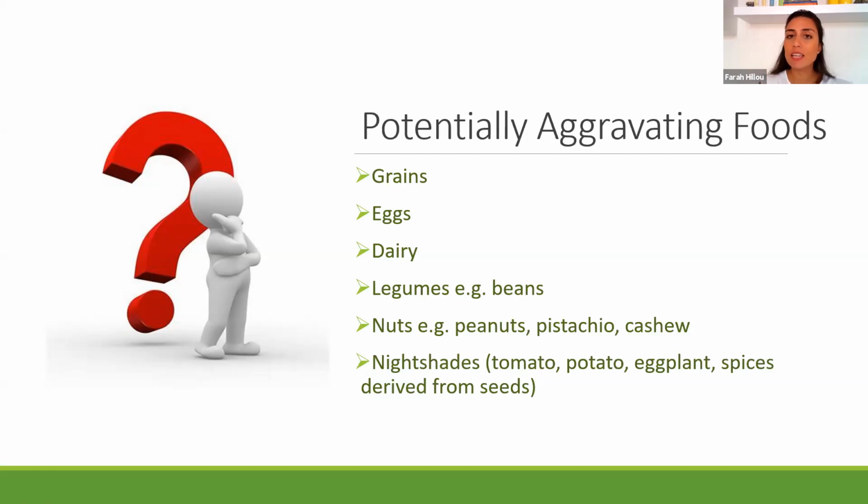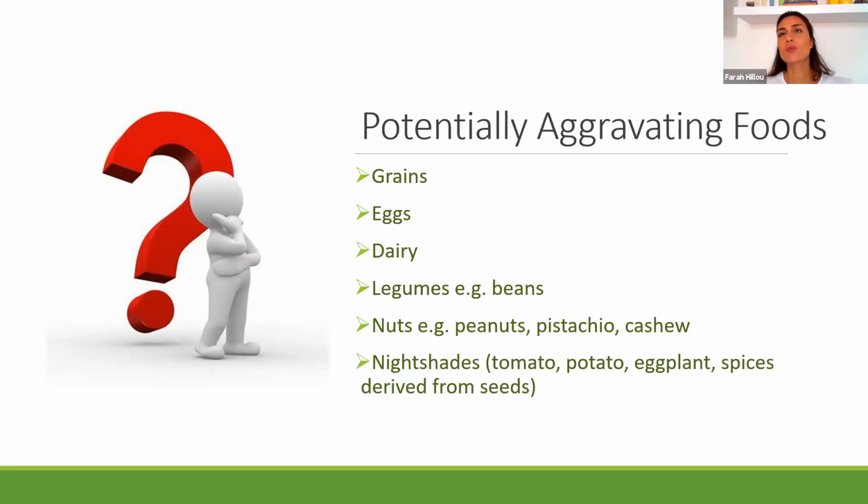So if you have eliminated gluten from your diet but still have certain symptoms, consider eliminating other grains. Even things like corn and soy also can act like gluten. Eggs, dairy, remember we said casein, the protein in dairy, which can be very inflammatory, is very similar to gluten. Legumes like beans, some nuts, pistachios, peanuts, and nightshades.